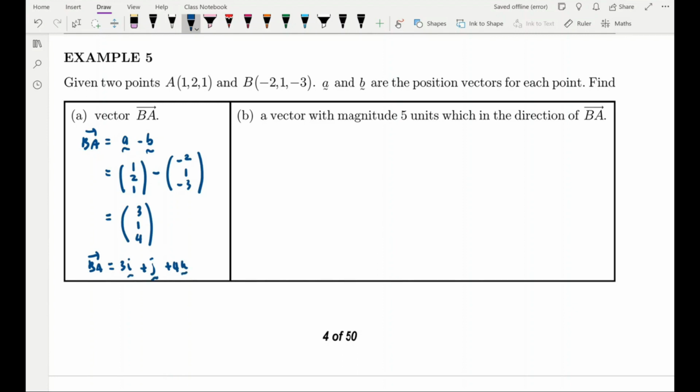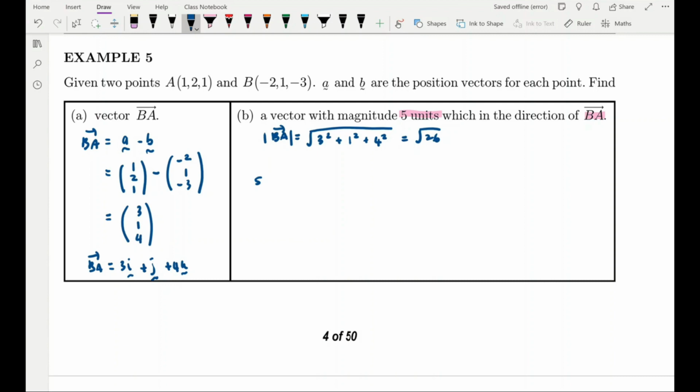And then example 5b, a vector of magnitude 5 units in the direction of BA. So for the 5 unit vector, we have to find the magnitude of BA. So we get 3 squared plus 1 squared plus 4 squared equals 26.